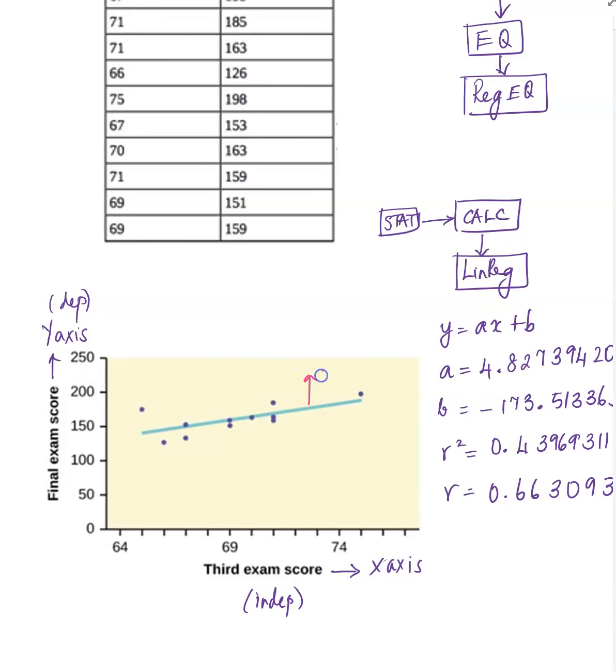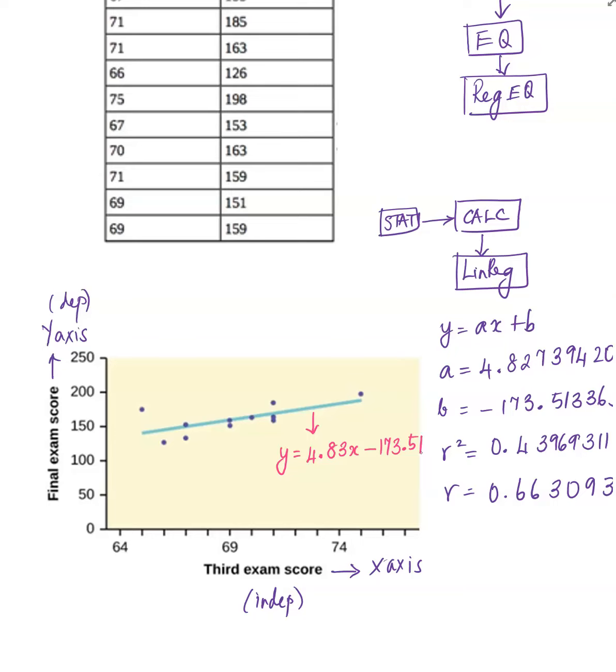Y equals ax plus b. So round it to 2 decimal places. So a, when rounded, would be 4.83x plus b. b was negative, so I have to make the plus a minus, 173.51. So this is the equation of our line of best fit. This is our linear regression.